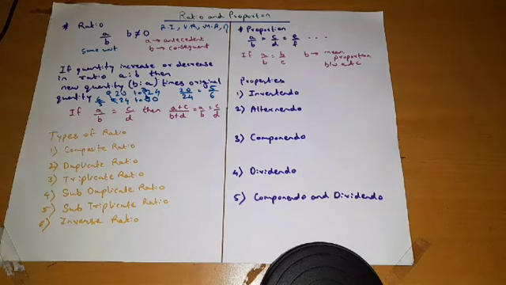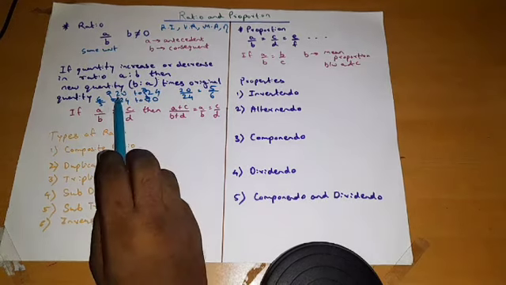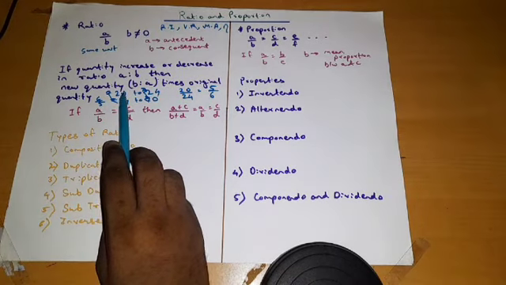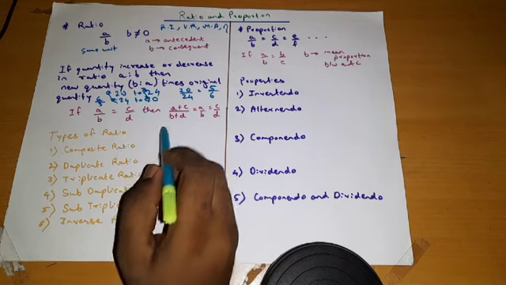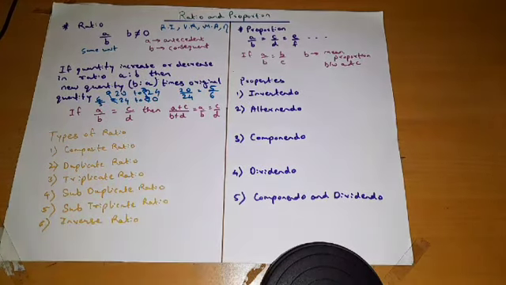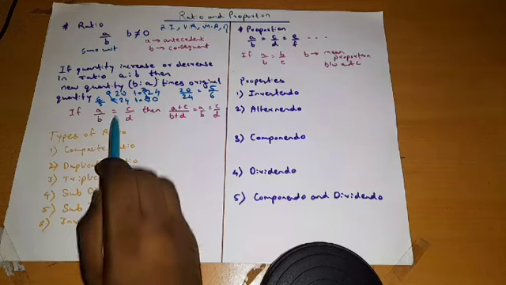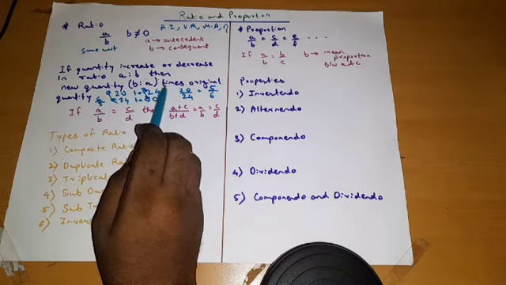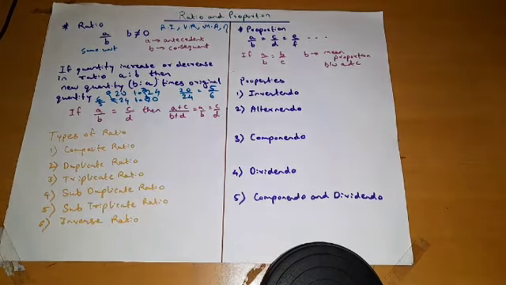There is an example we will solve, then you can easily understand what this statement means. Sorry, I think I have said something wrong. Initially I said the price was increased from 20 to 24, so the ratio will be 5 by 6. But the statement says the new quantity is a times the old.